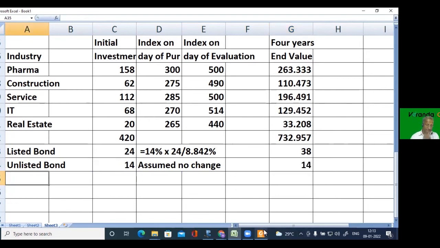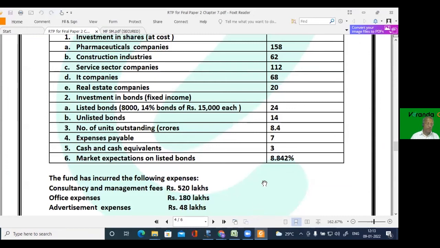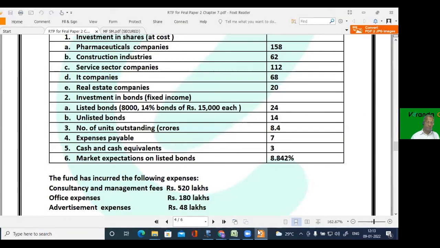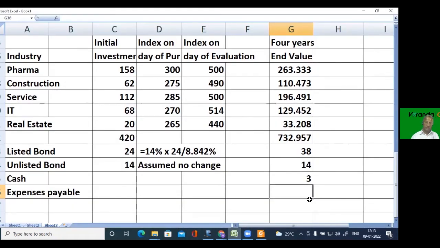Then expenses payable 7. So cash 3. Expenses payable 7, minus 7, because I have to deduct that.